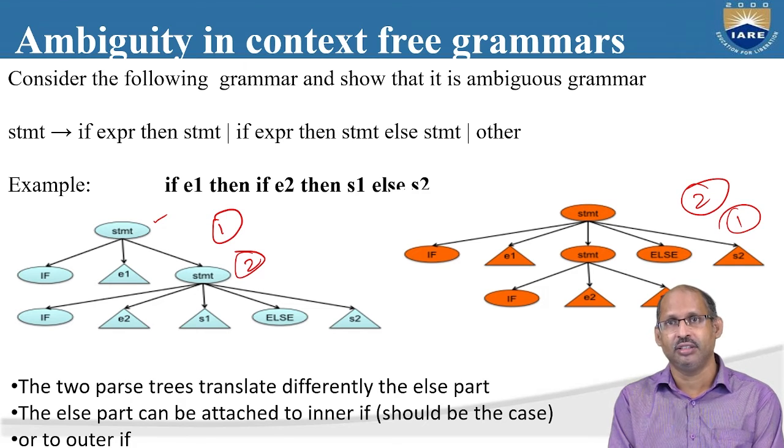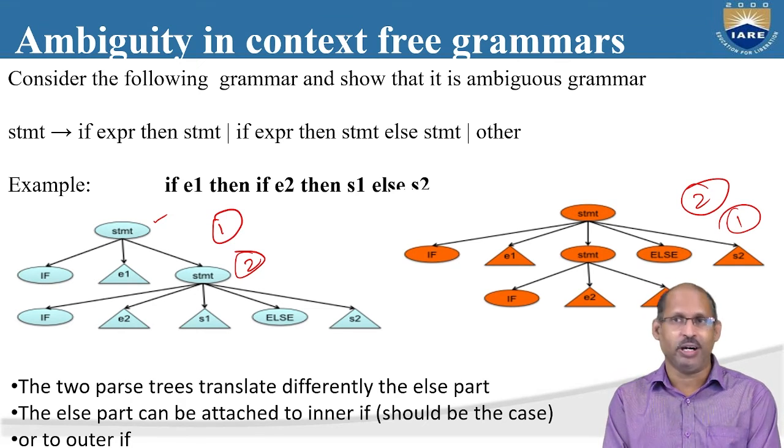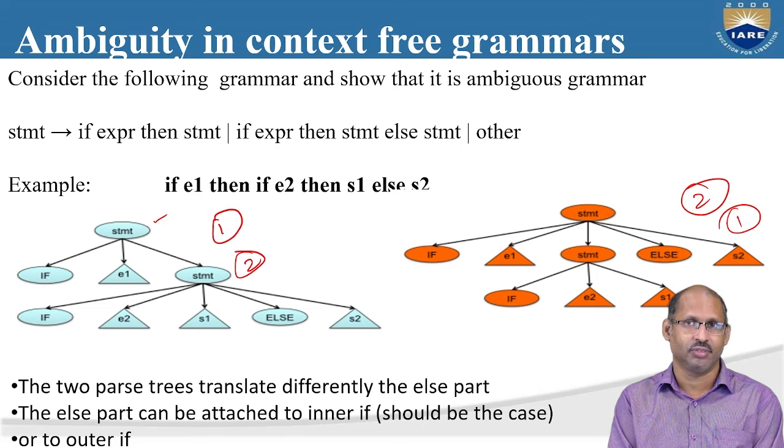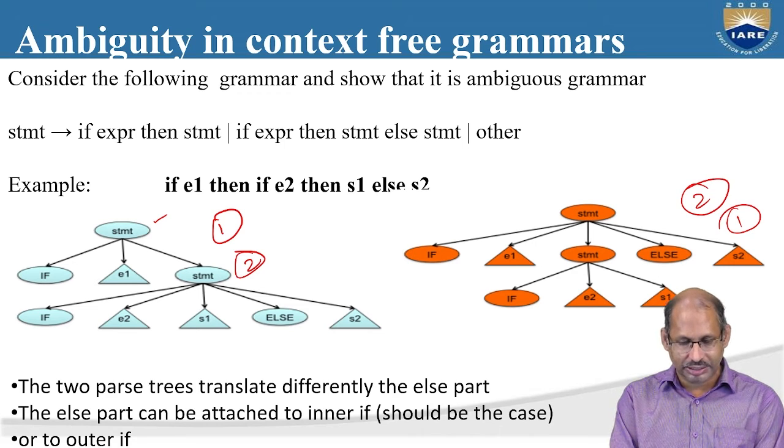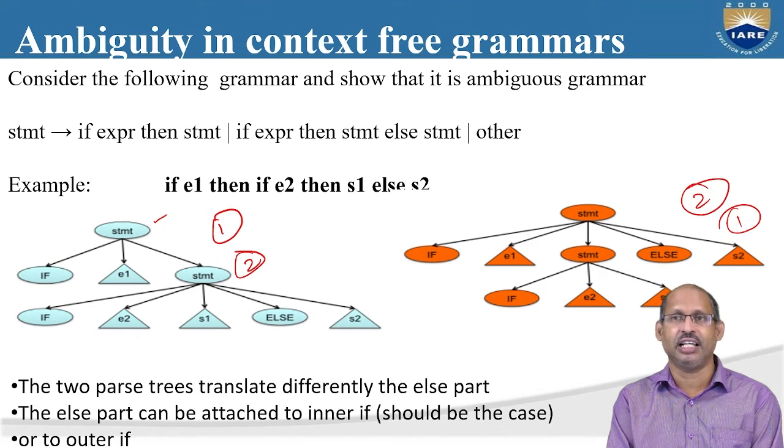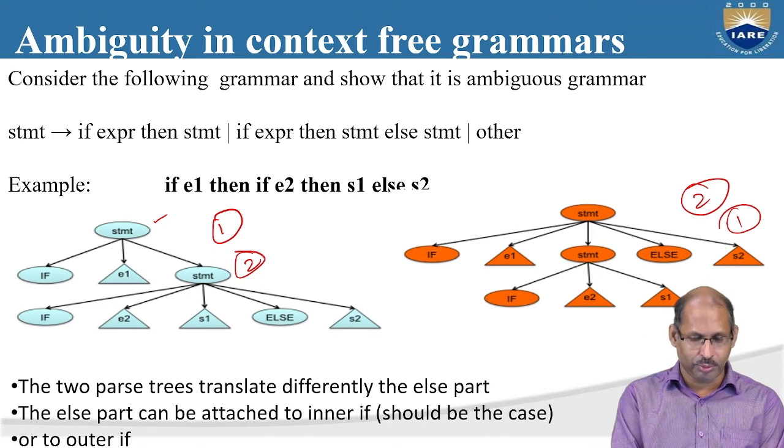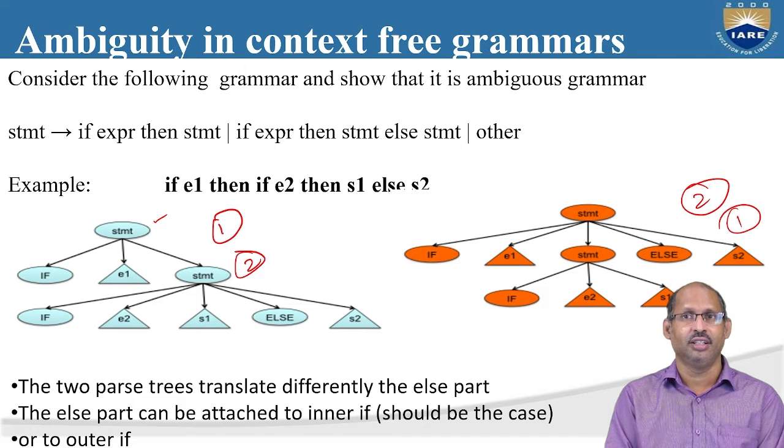For the given statement, there are two parse trees, 1 and 2, 2 and 1. The two parse trees translate the else part differently. Right?